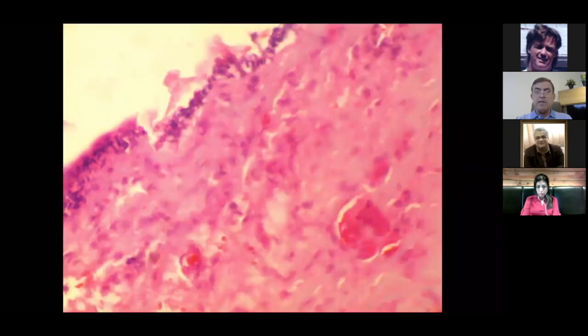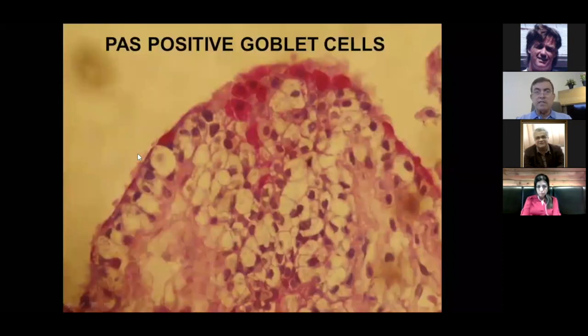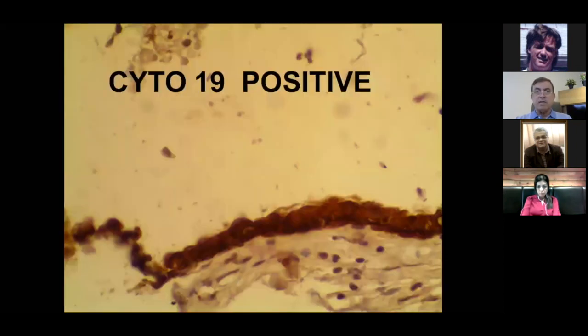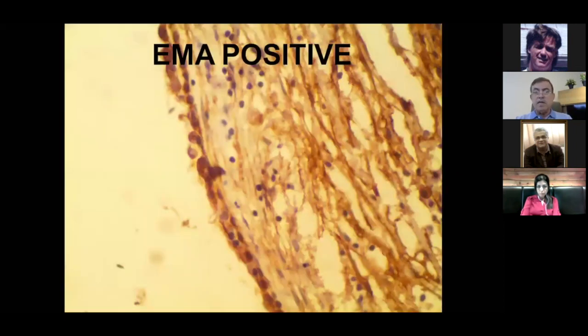So this is the picture of the superficial and the deep layers of the lining of these cysts. And these are the goblet cells inside, positive. They are cytokeratin positive, cytokeratin 7, cytokeratin 19. EMA in the superficial layer is positive.